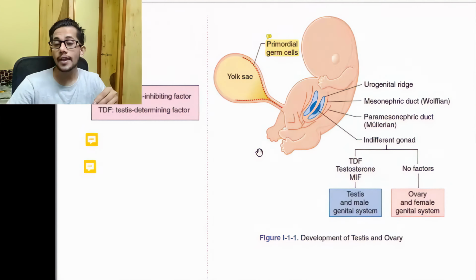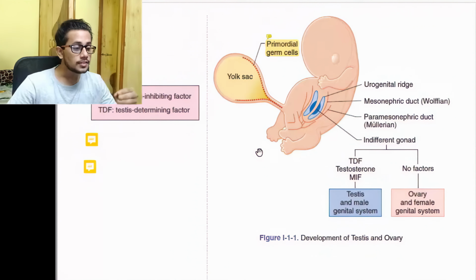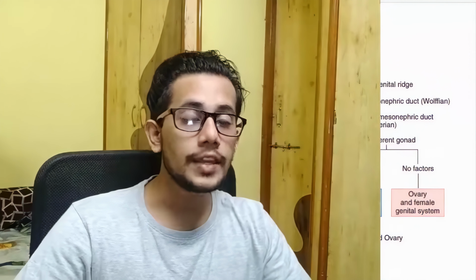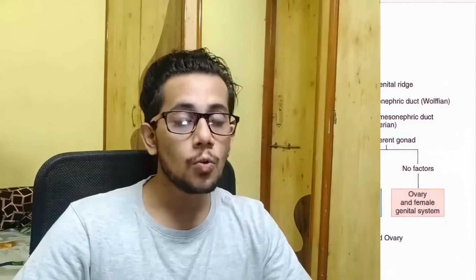Now this MIF is the key to not only develop testis. This MIF inhibits the production of ovary, which prevents the production of the female genital system and leaves the embryo with just one gonad system, which is testis. Now for the embryo to be a male, it needs at least one Y chromosome.